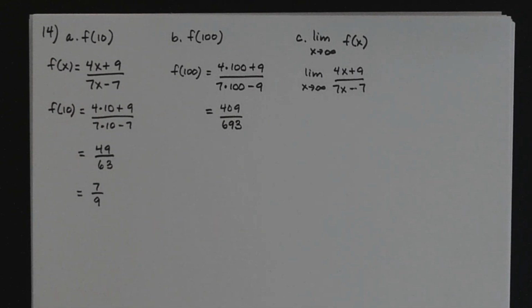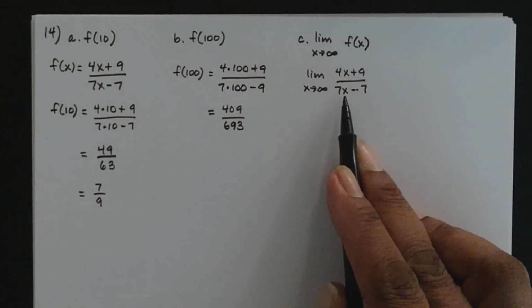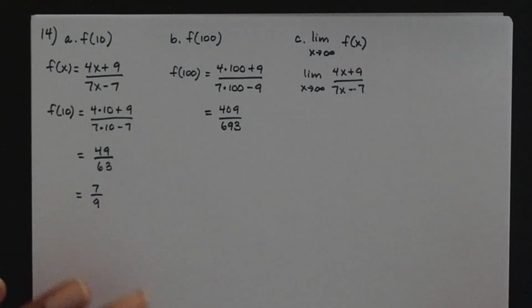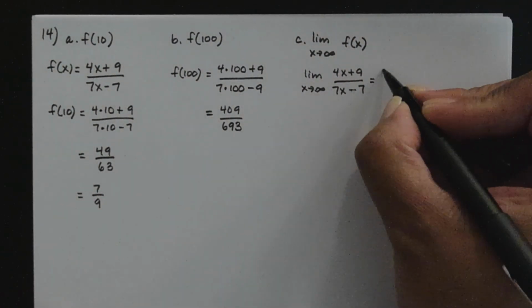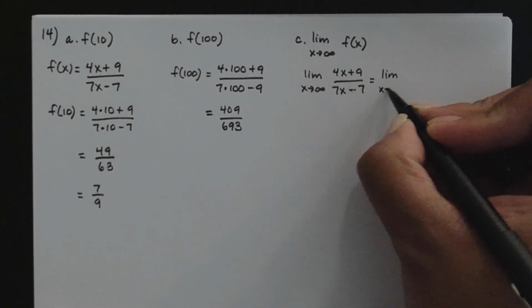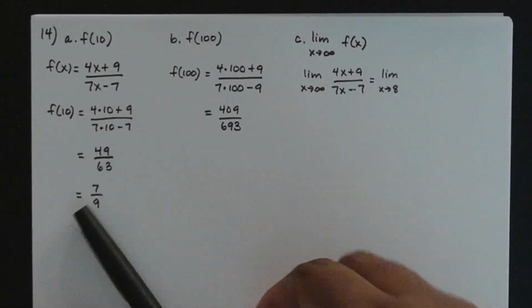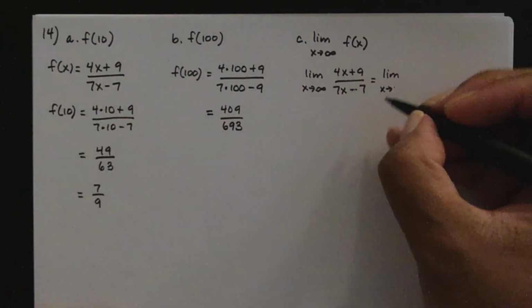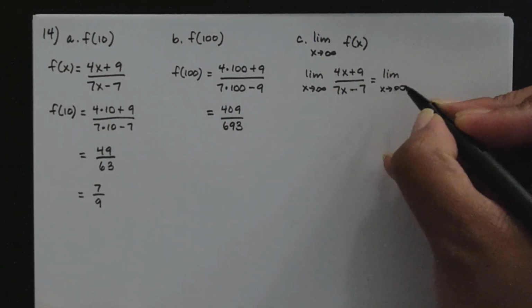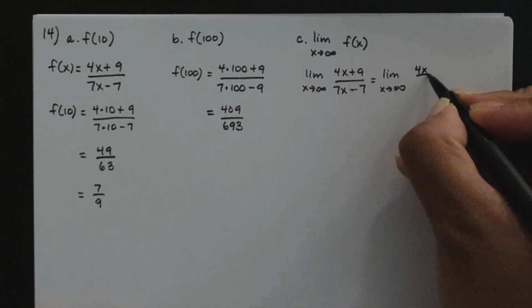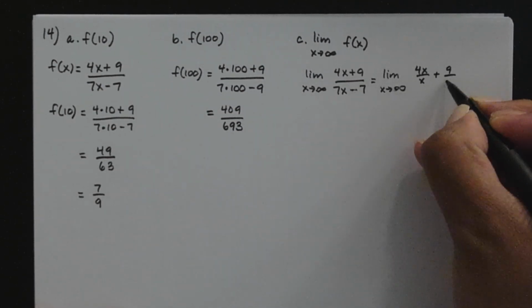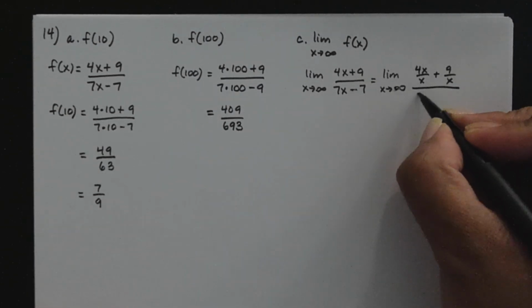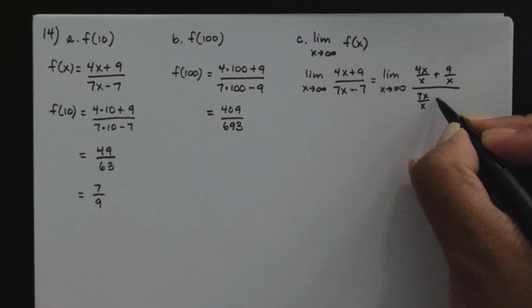I would divide every single term by the variable with the highest exponent in the denominator. The denominator does have an x in it, and its highest exponent is 1. So I have to divide every single term by x in the numerator and in the denominator. We'll divide each term by x as well.